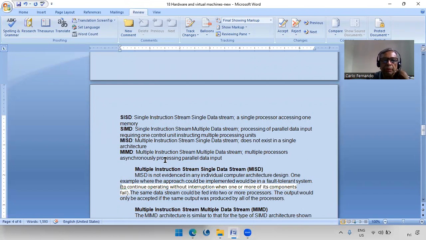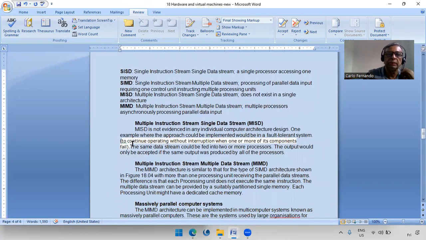And MIMD, multiple instruction stream, multiple data stream: multiple processors asynchronously processing parallel data input. MISD is not evidenced in any individual computer.